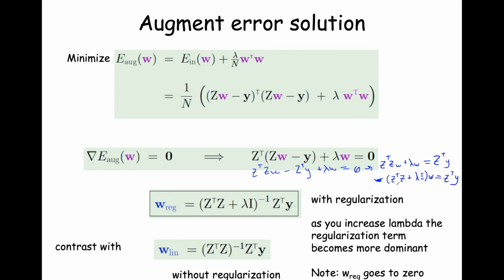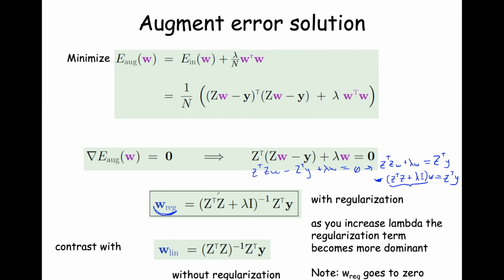And so now we take the inverse of this expression, and we solve for W, and that gives us what we're calling W reg, which is the regularized regression form.